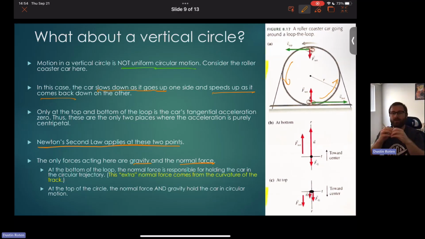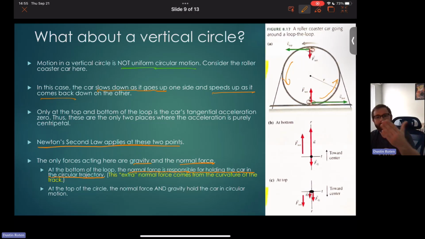If this track were to just go away, the car would just go in a straight line. Because we have this curved surface, we get some extra normal force from that. That's what's pushing us, always changing our velocity. So the normal force is responsible for holding the car in the circular trajectory, right?